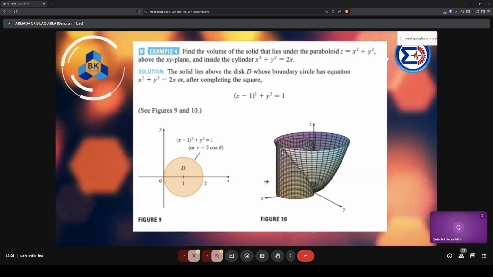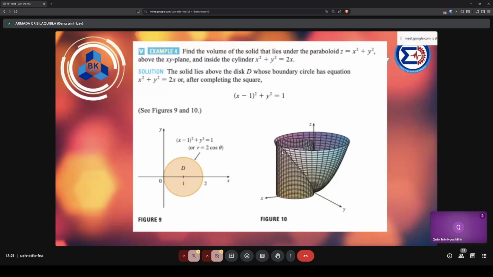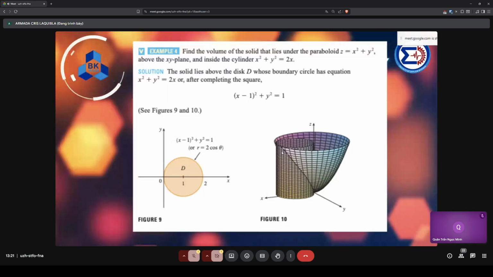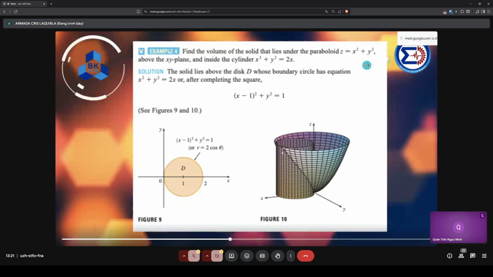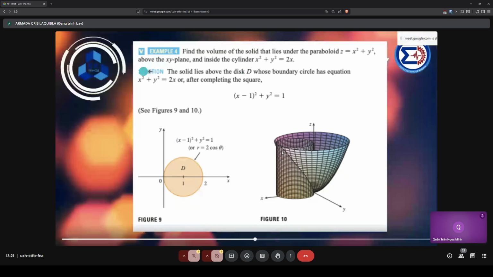So we have this example number 4. Find the volume of the solid that lies under the paraboloid z is equal to x squared plus y squared, above the xy plane, and inside the cylinder x squared plus y squared is equal to 2x.